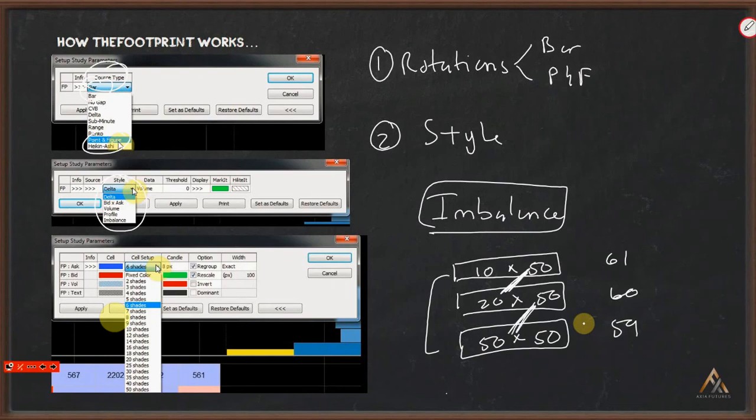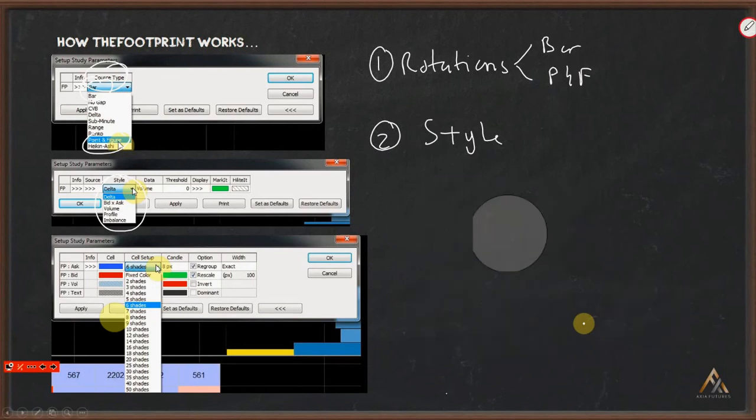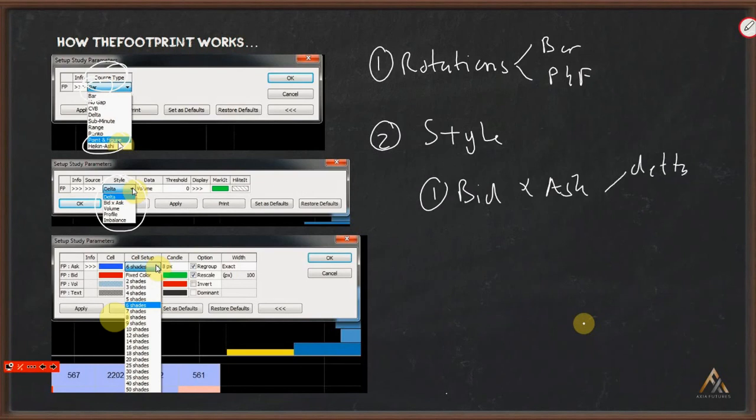So that's all the style types of footprints we're going to utilize. For this course, I'm going to exclusively focus on number one, first and foremost, the bid times ask. Why? Because this includes the delta, the volume, the profile, and ultimately also the imbalances.